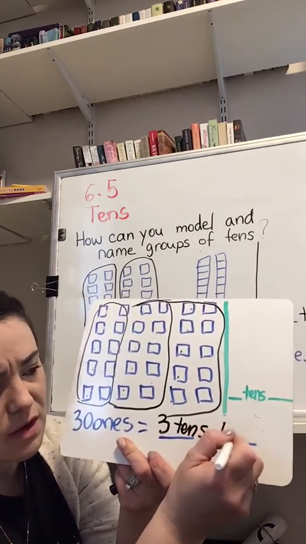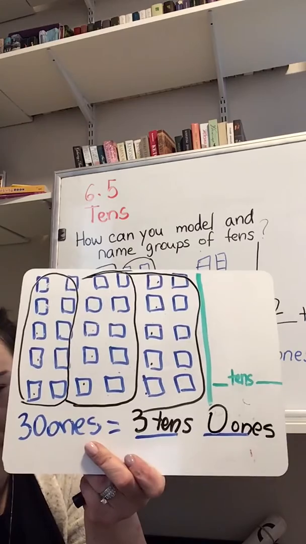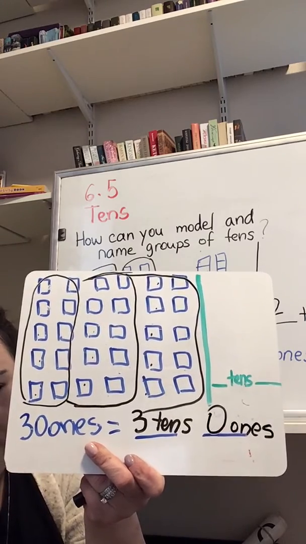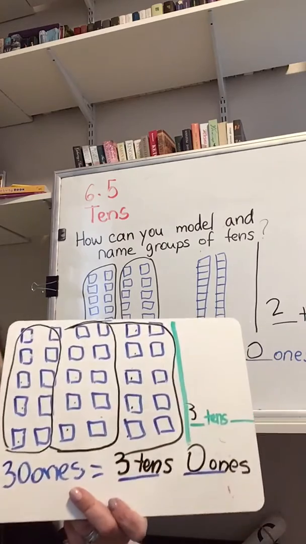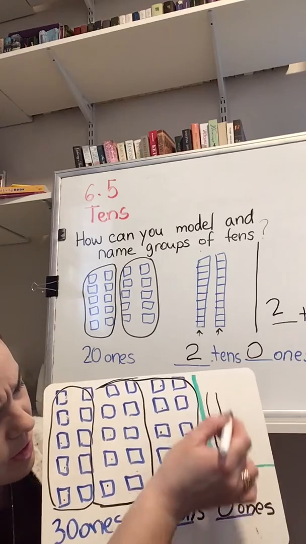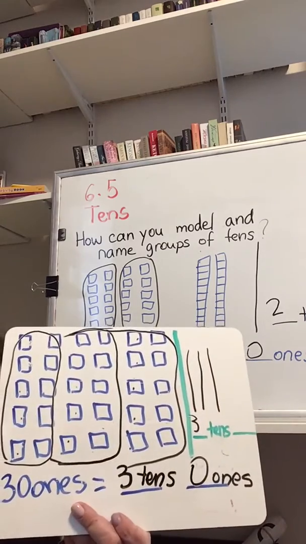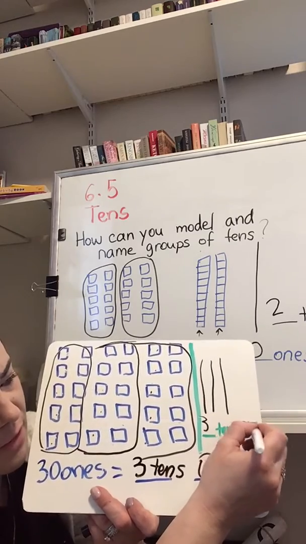No, so it's going to be 0 ones. Okay, 0 ones. 3 tens. I can show with my skinnies. 10, 20, 30. What number did I get? I got the number 30.